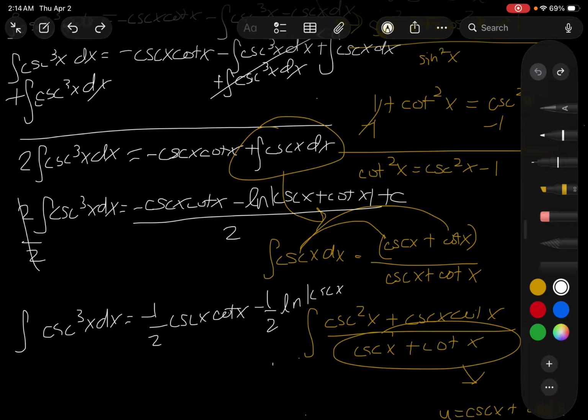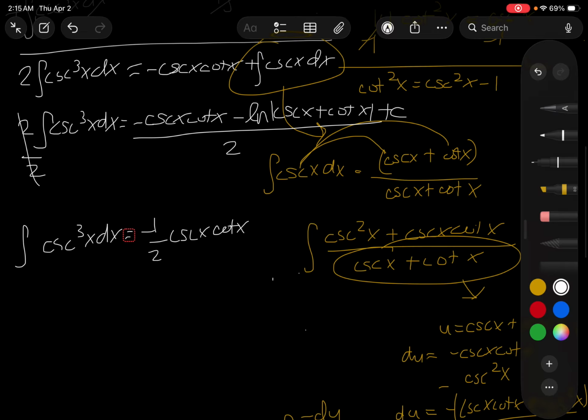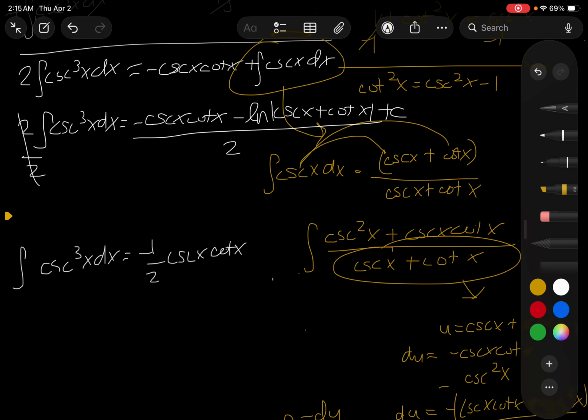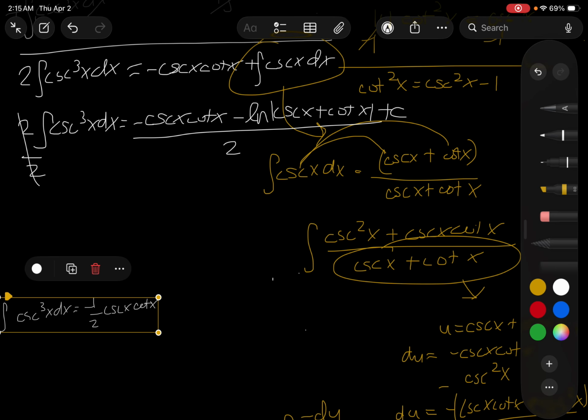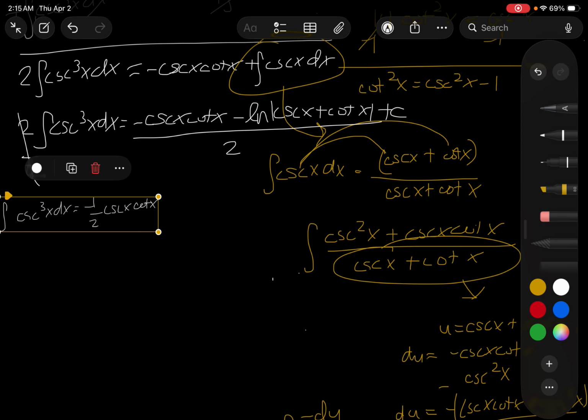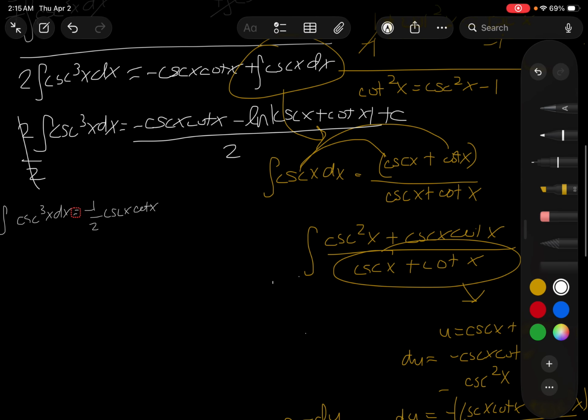I'm going to move all of this and put it underneath, make it shorter and then move it back up. Equals minus 1/2 ln of CSC of x plus cotangent of x plus c. And then there you go.